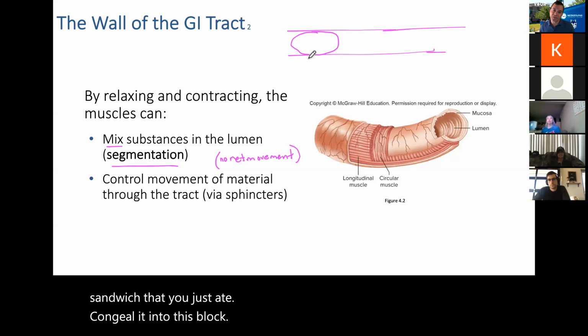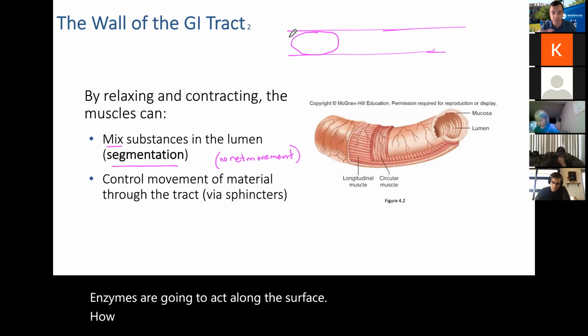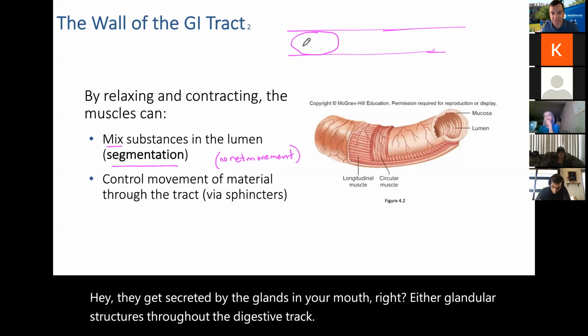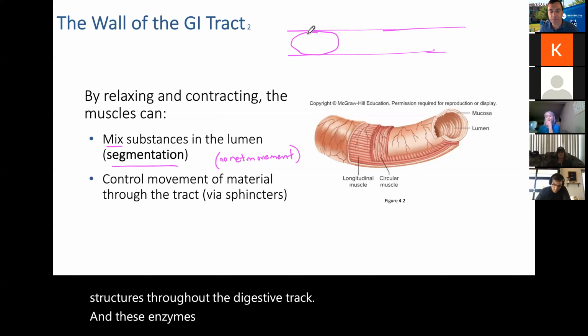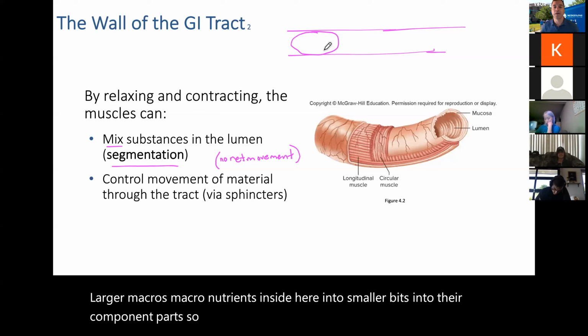Well, enzymes are going to act along the surface. They get secreted by the glands in your mouth, right? Other glandular structures throughout the digestive tract. And these enzymes are going to help break down the larger macronutrients inside here into smaller bits, into their component parts, so we can absorb them.